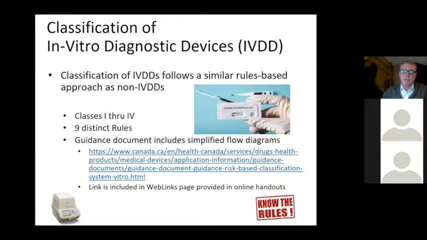There are classes 1 through 4. There are 9 distinct rules as opposed to the 16. And there's a guidance document that includes simplified flow diagrams, similar to the ones that we looked at just a few moments ago. And this link is included in the web links page that's provided in the online handouts.